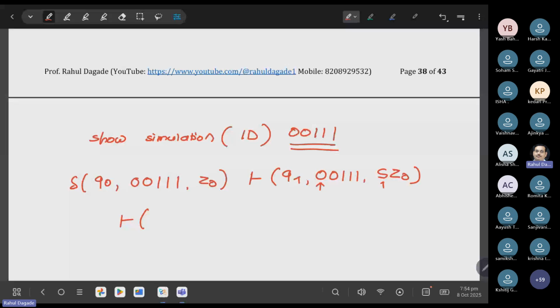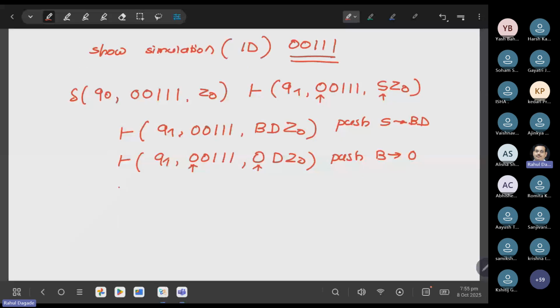Now this 0 is matching with the input 0, therefore consume it. So Q1, 0, 1, 1, 1 and D Z0. Here we are doing pop because input is same as top of stack.